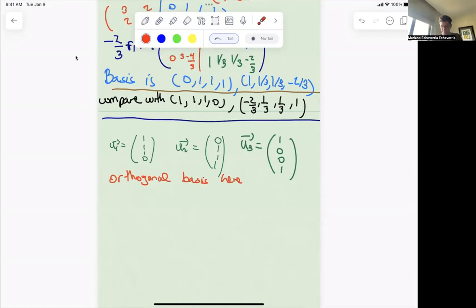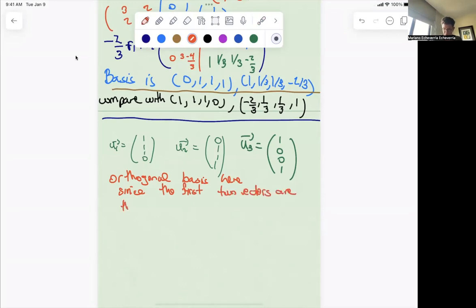Since the first two vectors are the same, the first two orthogonal vectors of the new basis will be the same as before.